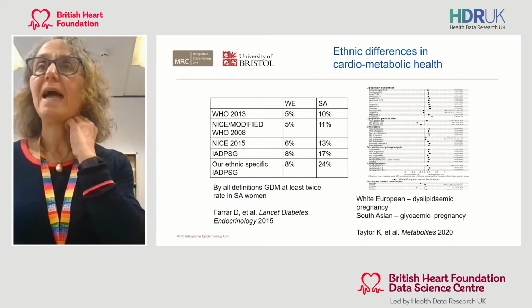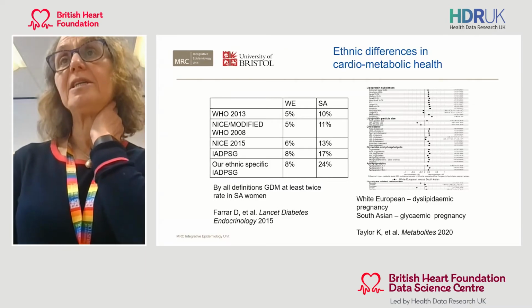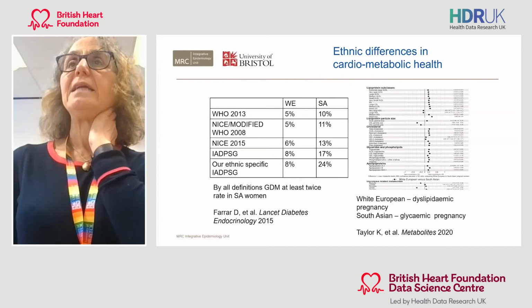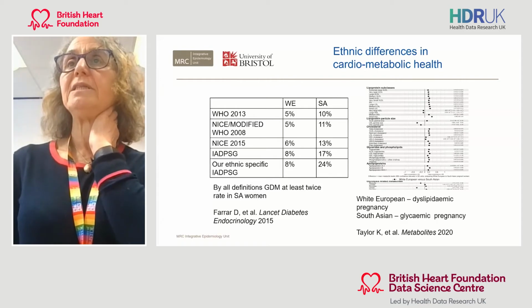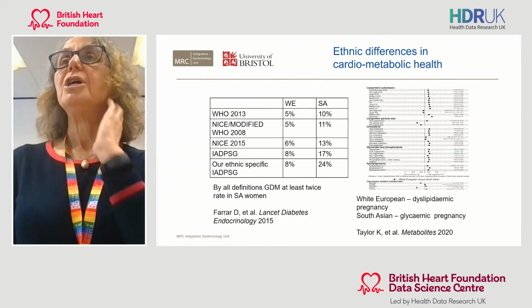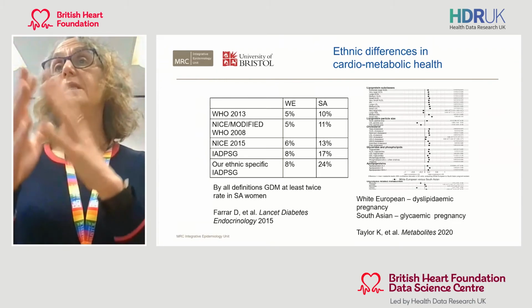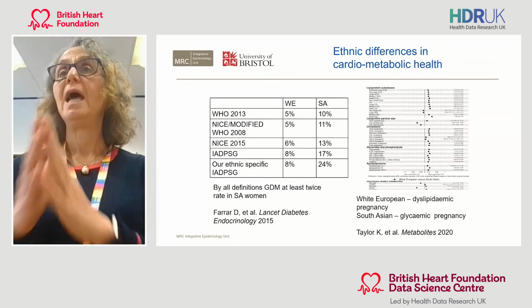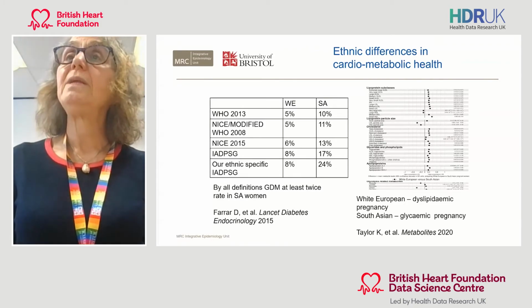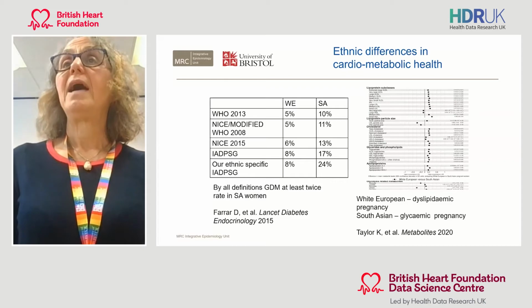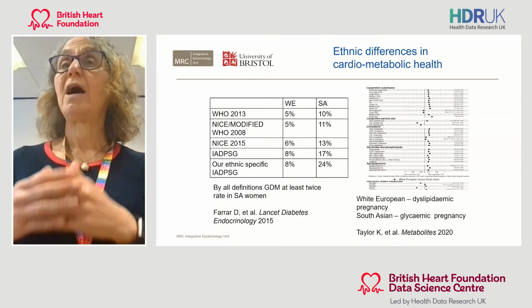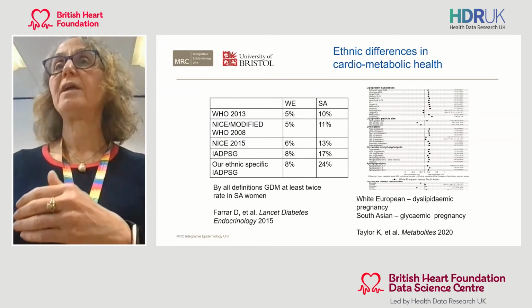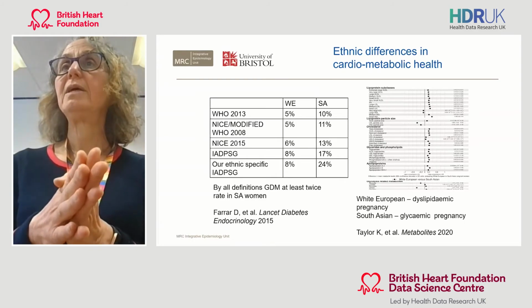So what we have done is some observational evidence in the different ethnic groups, and this is some of Kurt, who I mentioned earlier, the PhD student's work, just looking at ethnic differences in the multi-metabolite data we have in pregnancy on these women, and showing what has been well described, that South Asian women have higher glucose in pregnancy, a sort of higher glucose response to pregnancy than white European women do.